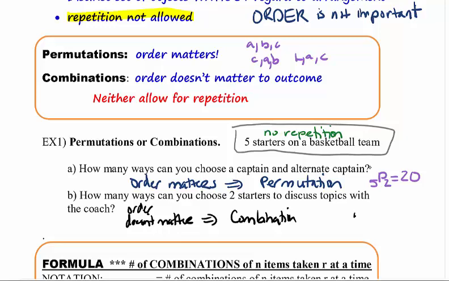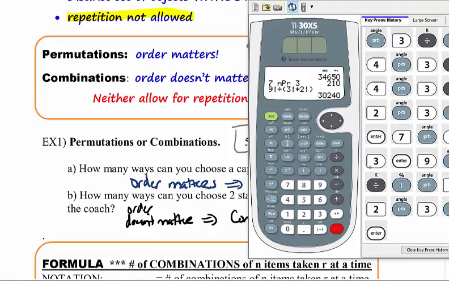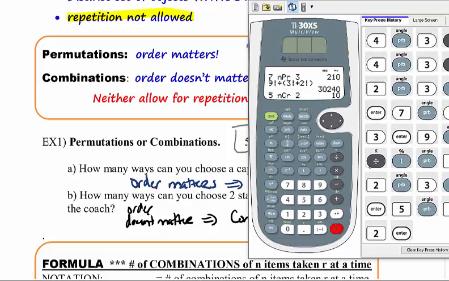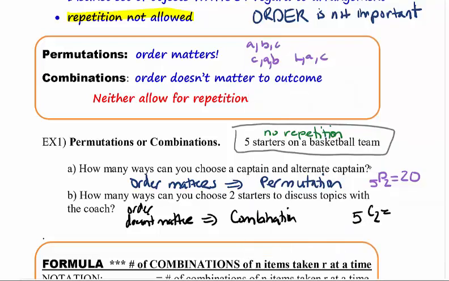So this would be 5C2. On our calculator, we pick the 5, go to the prob button, and notice number 2 is nCr. We are selecting 2. Press equals, and we have a total of 10.